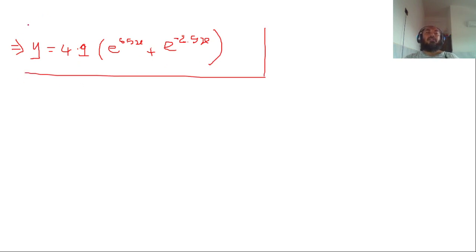Okay, so this is the equation of motion of our mass spring system.